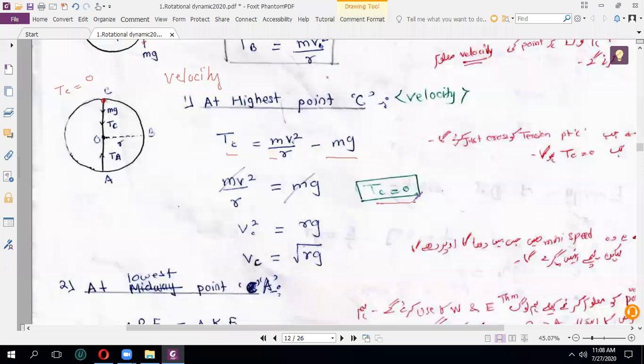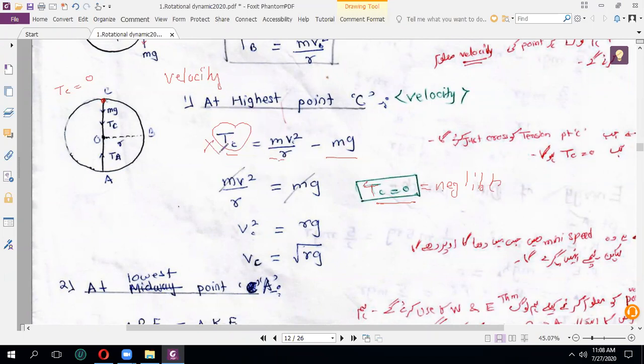If I am rotating any thread in vertical circular motion, at the downward position we feel maximum tension, but when we are going up, we are feeling less tension. If the tension is very low, approximately 0, this means the tension is negligible. So from this we are taking 0. If this is 0, what we are getting, mv square upon r minus mg.